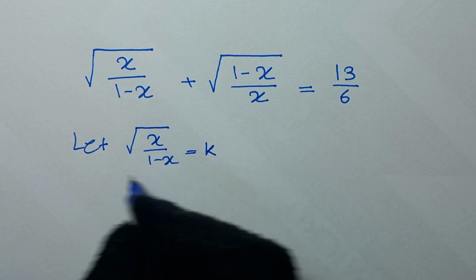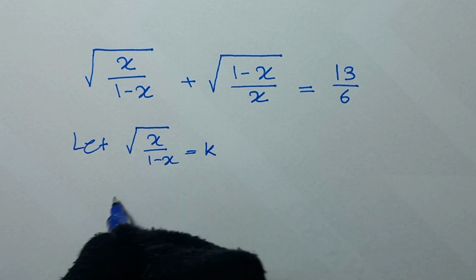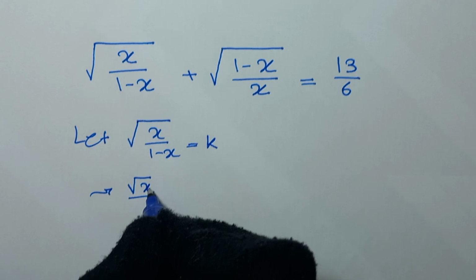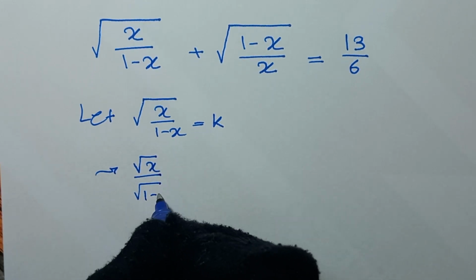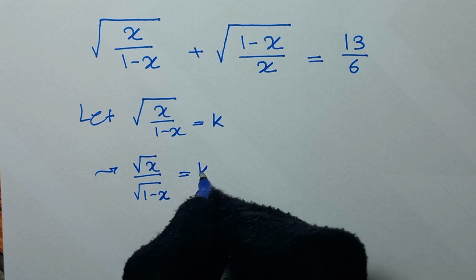So we can write this as the square root of x over the square root of 1 minus x, right? We write this in this form, equal to k.